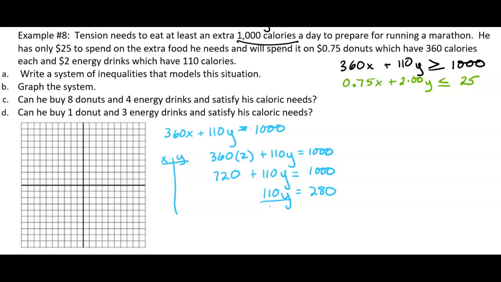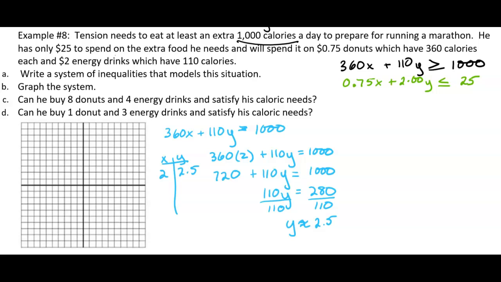Divide by 110. Now I'm not going to get a nice integer here. We're going to have to just approximate it on our calculator. So I go to my calculator, 280 divided by 110. It's about 2.5, so approximately 2.5. And so I put in 2 donuts, and about 2.5 energy drinks will do that.